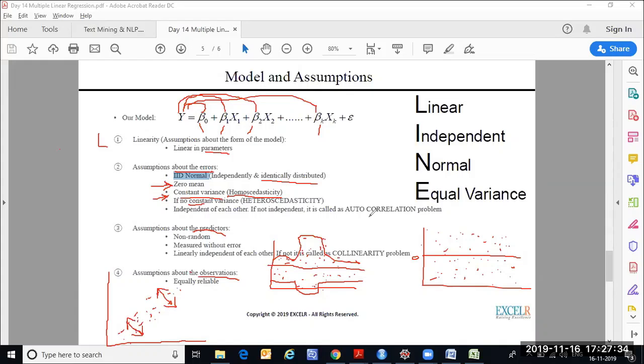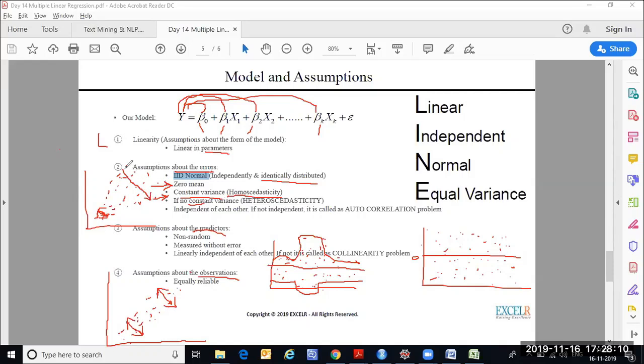But otherwise, if the variance is not constant or not consistent, let's say the variance looks like this, right? Here in the starting, the variance is very less. But as you move forward on the x-axis, the variance keeps increasing.